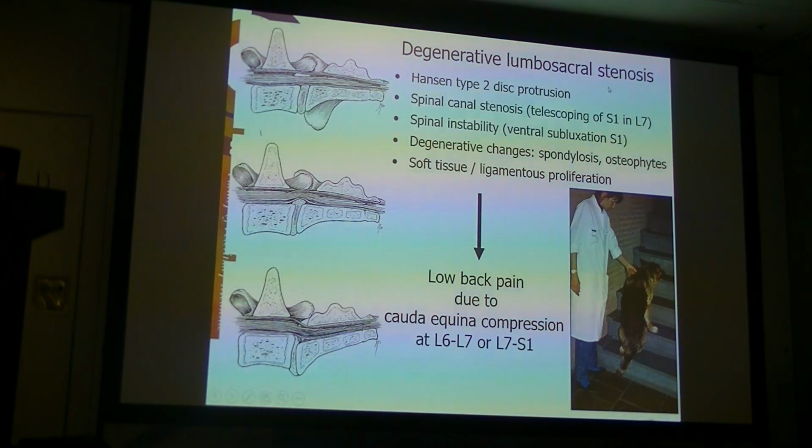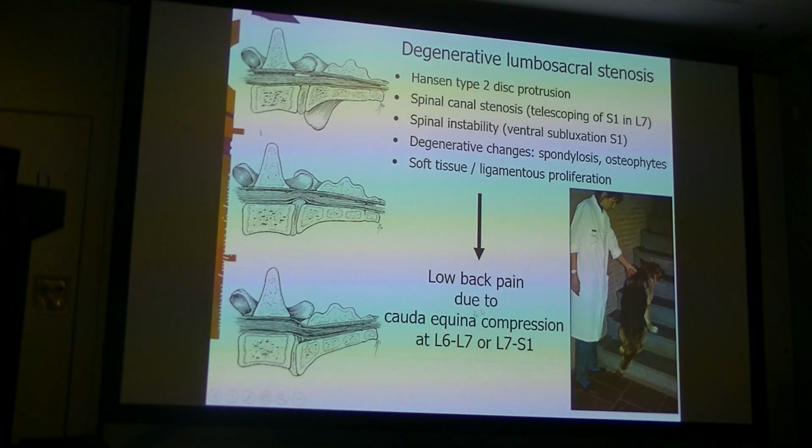If you look into the literature for humans, you may find lumbosacral stenosis, you may find disc herniation, or in general low back pain. A lot of literature in humans you will find with searching for low back pain. And generally we have a combination of type 2 disc protrusion, stenosis, instability, and a lot of degenerative changes of bone structures and ligaments.